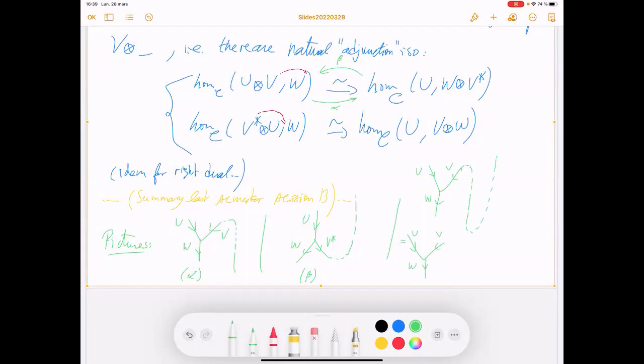Zigzag relation. Equal, by zigzag relation, by zigzag relation. So the zigzag relation applied here. Okay.